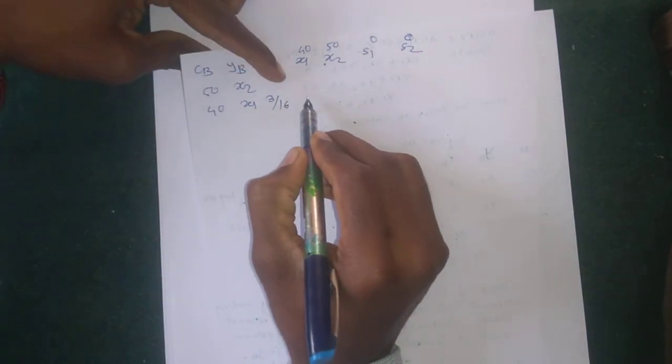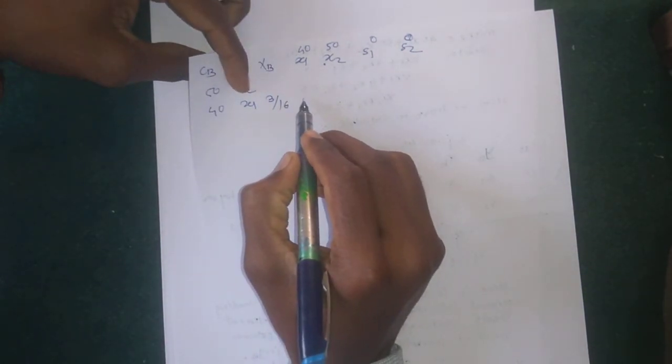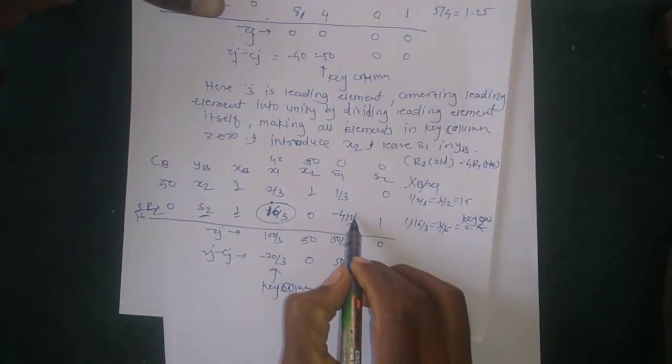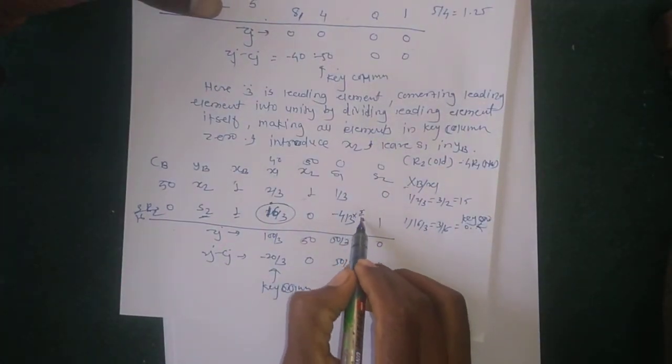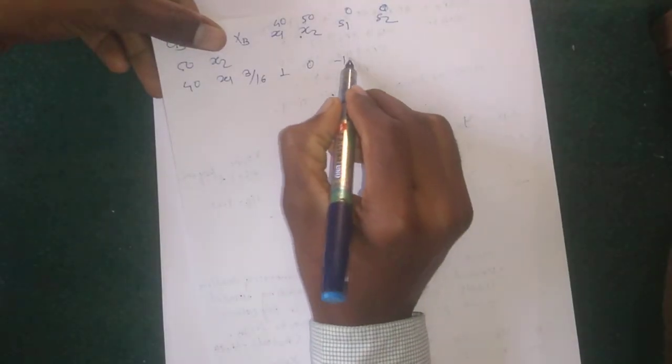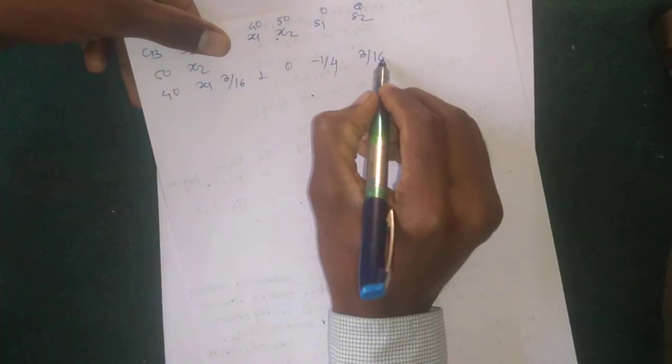For the second, 16 by 3 into 3 by 16 is 1, then 0. Here minus 4 by 3 into 3 by 16, the 3 gets cancelled, remaining only minus 1 by 4. And the s2 column is 3 by 16.